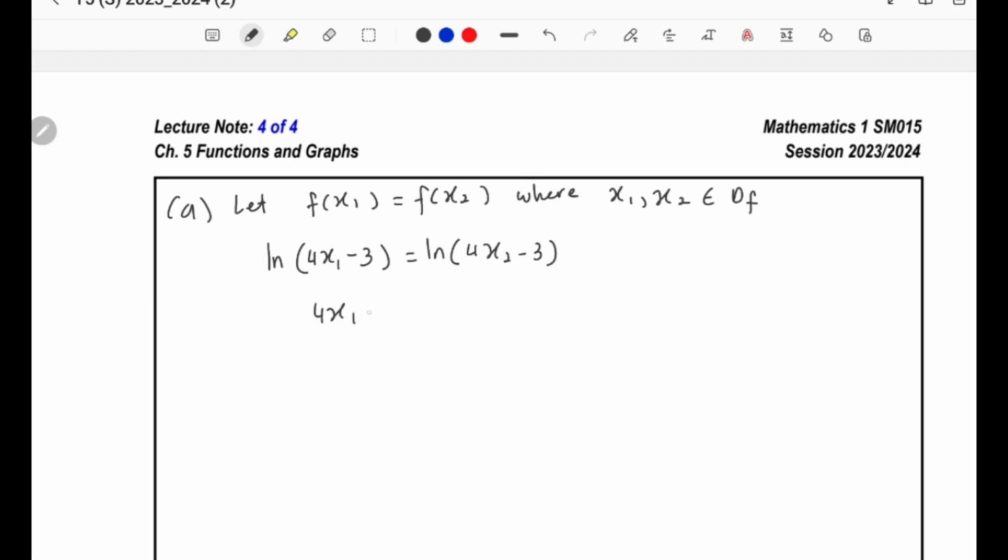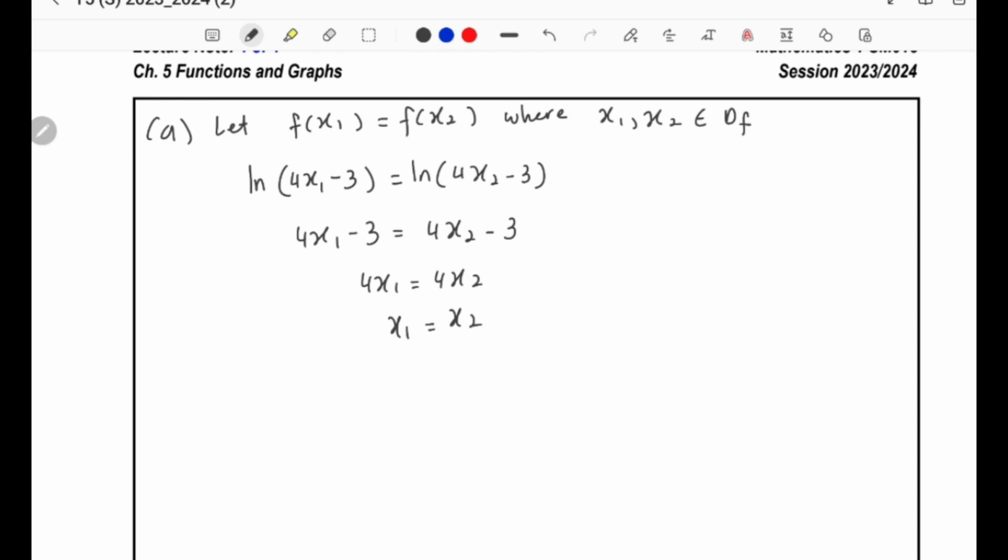So we have ln(4x1 minus 3) equals ln(4x2 minus 3). Rearrange, simplify. So we have x1 equal to x2. Since we can prove that x1 equals x2, so f(x) is a one-to-one function.